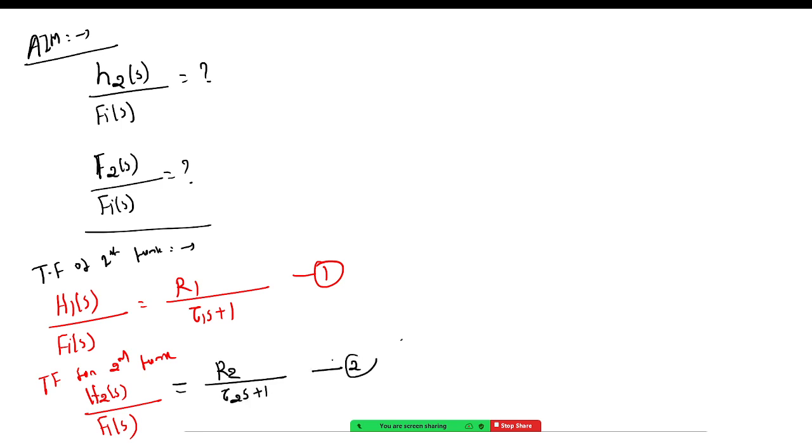That equals equation second directly. And our objective is, let's say I want to calculate H2s and F2s. So I want to know H2s by FIS. So here H2s is here and FIS is here. Now tell me, how can I calculate the value of H2s by FIS from here?